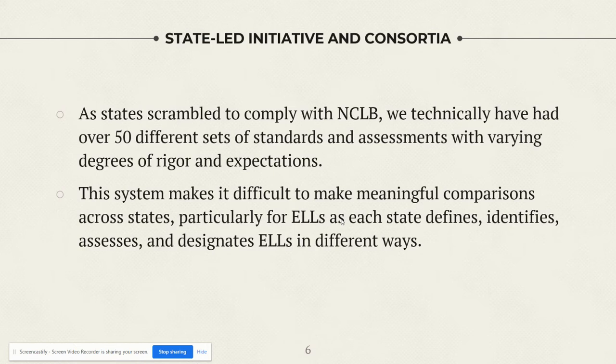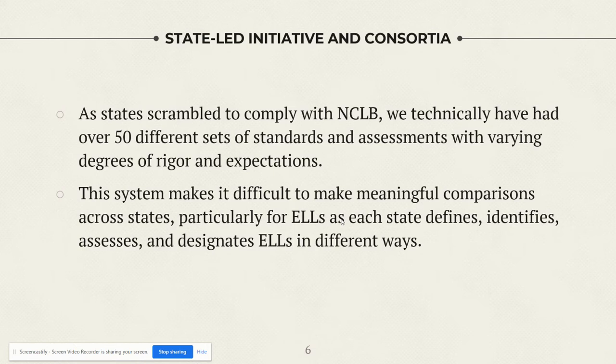As states scramble to comply with No Child Left Behind, we technically have over 50 different sets of standards and assessments with varying degrees of rigor and expectations. And because it is from state to state, it can vary widely. This system makes it difficult to make meaningful comparisons across states, particularly for English language learners.